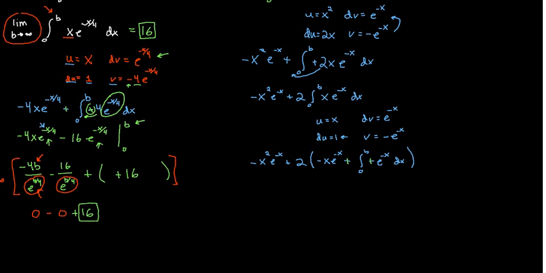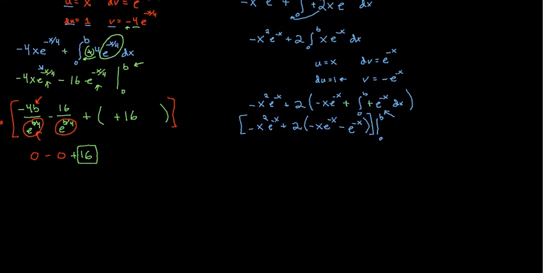Take this integral, so rewrite this new step, negative x squared e to the negative x plus 2 times negative x e to the negative x, and this integral, hey, we've seen this one again, so that is negative e to the negative x. Alright, don't forget that this was a definite integral, so we have to evaluate this from 0 to b, this whole thing. So let's plug in b, and then we're going to plug in 0.